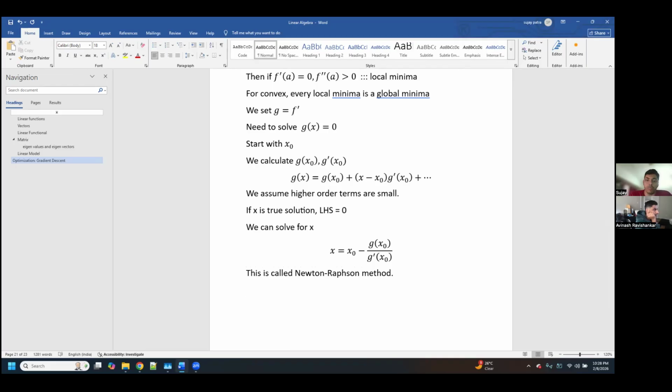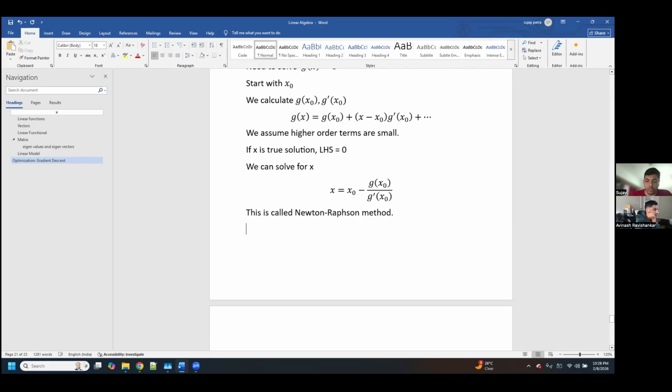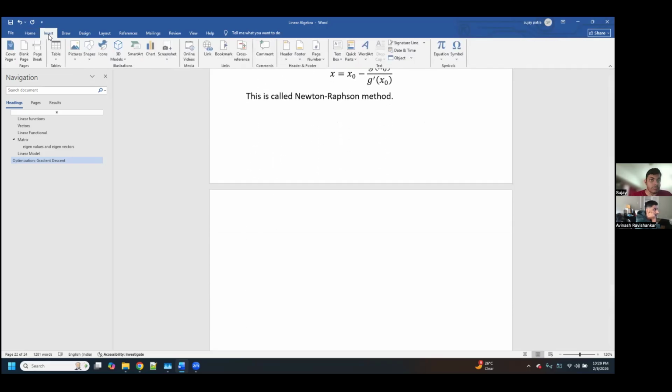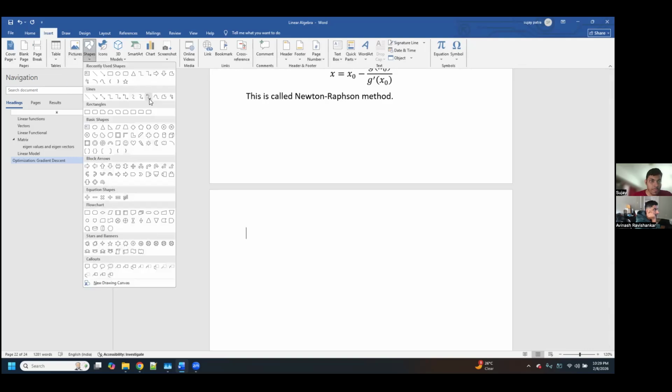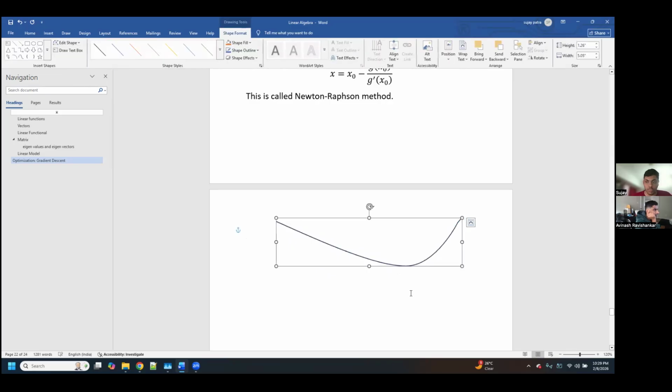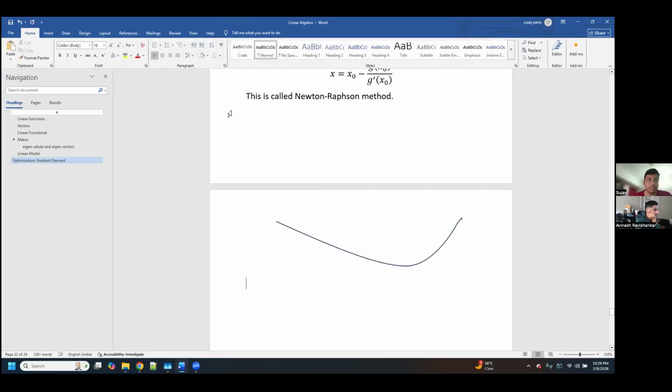Now, what is this basically doing? Let me give you the picture also. So now I want to draw a picture here. How do I draw pictures? This bothers me every time. So let's say this is a function.